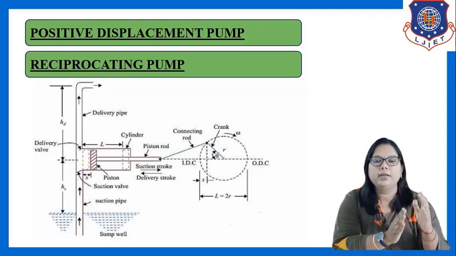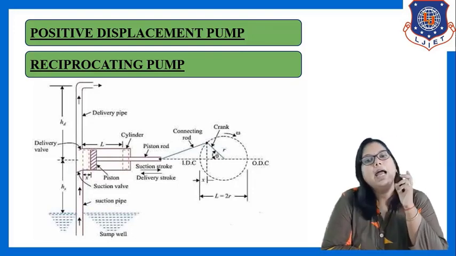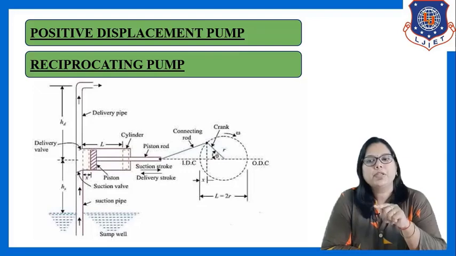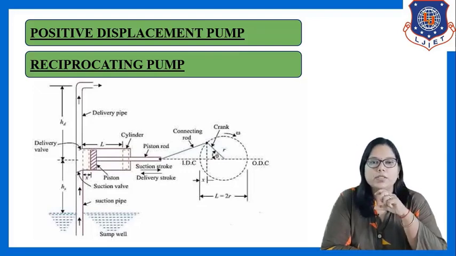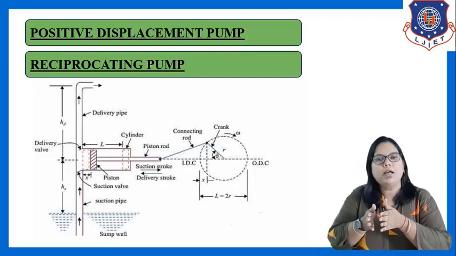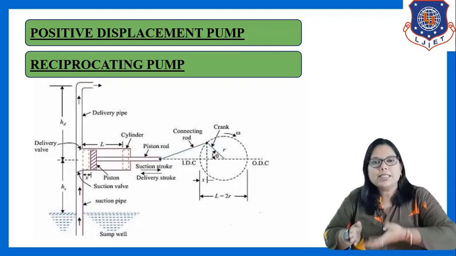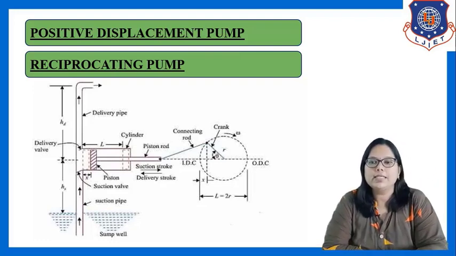What will happen? There is creation of vacuum inside the cylinder. Due to that vacuum, the suction valve automatically opens. As the suction valve opens, it sucks the liquid from the sump. You can see the sump in the figure. In the sump there is a liquid.